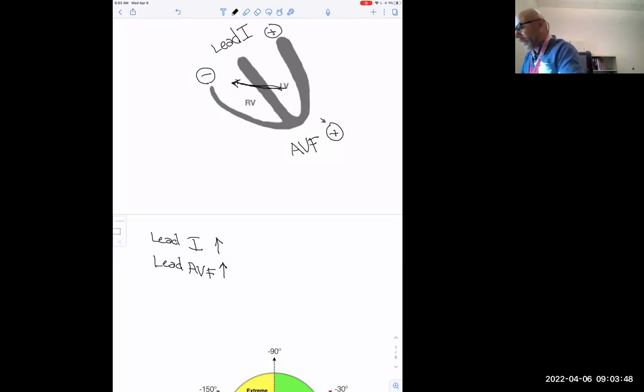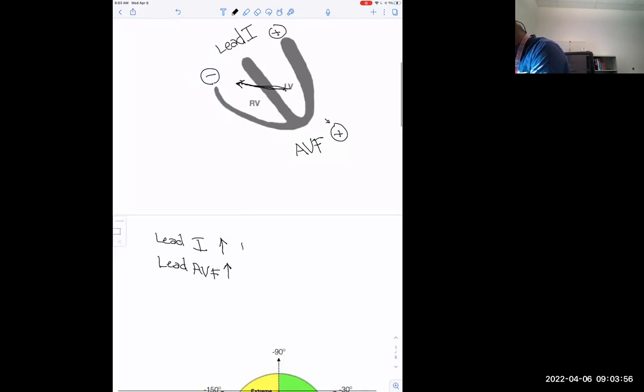However, if you have a positively deflected QRS in lead one, but a negatively deflected QRS in AVF, so positive in lead one, negative in AVF, that is left axis. Okay.